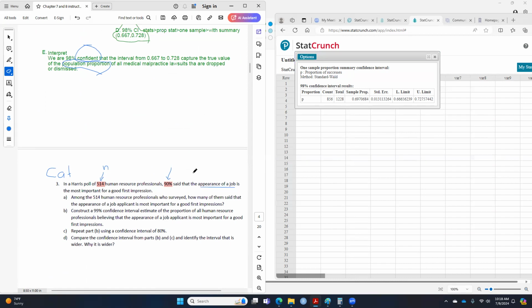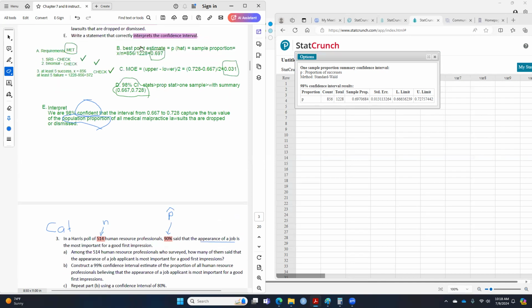So this is not x. x is a number, not a percent. Instead, this is given to us as p hat. What does p hat stand for? P hat stands for the sample proportion. So this is actually the sample proportion.